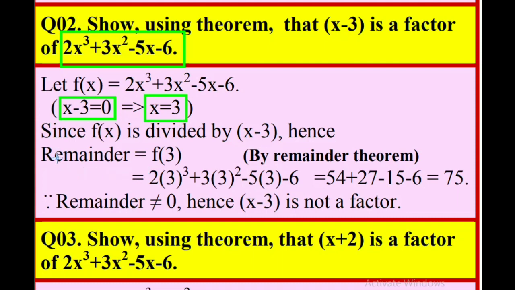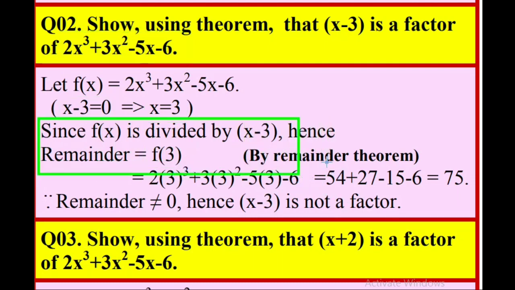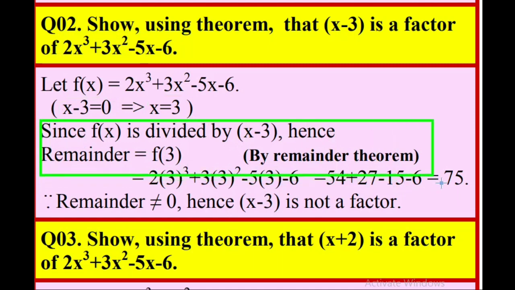And according to the theorem, since f(x) is divided by x minus 3, the remainder obtained is f of 3.